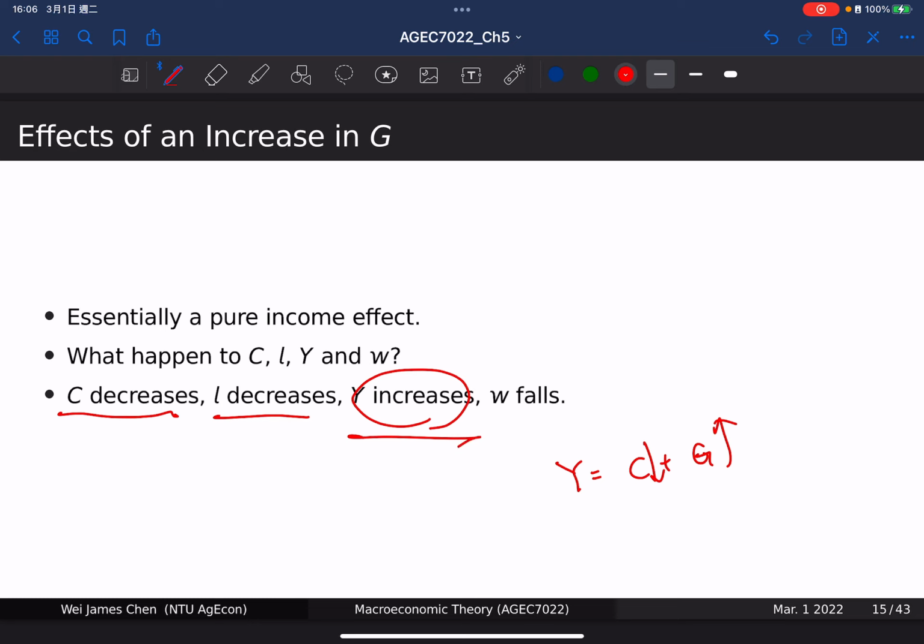Why? Can someone give the intuition to tell me why? It's not very difficult, actually.